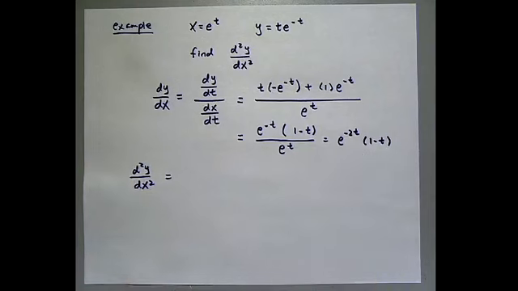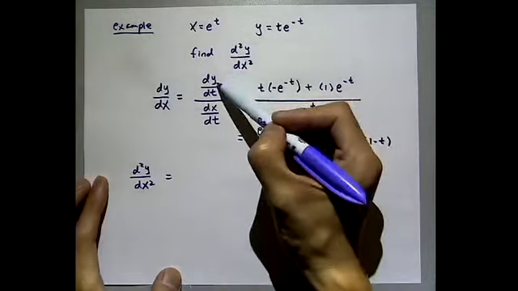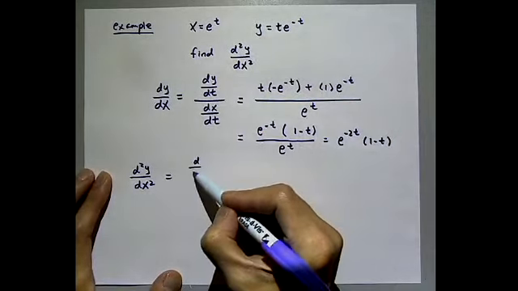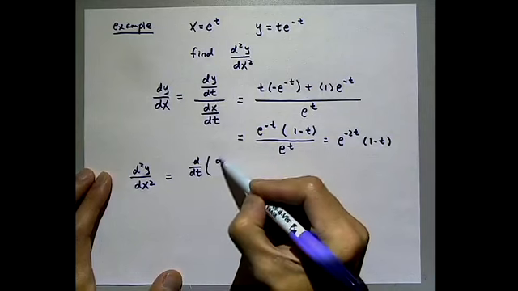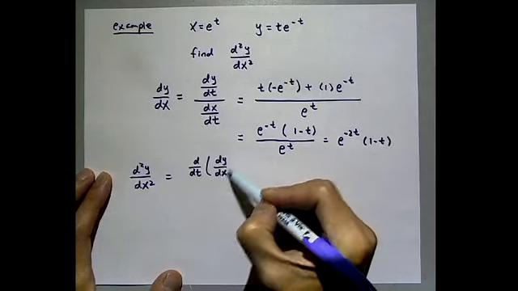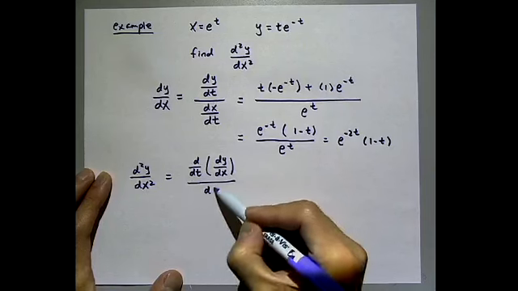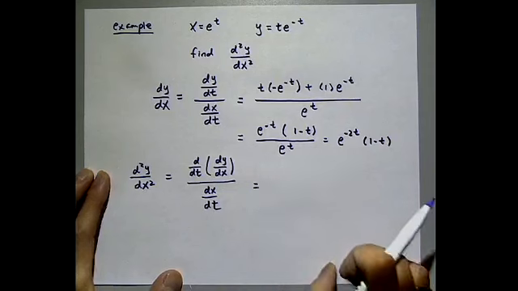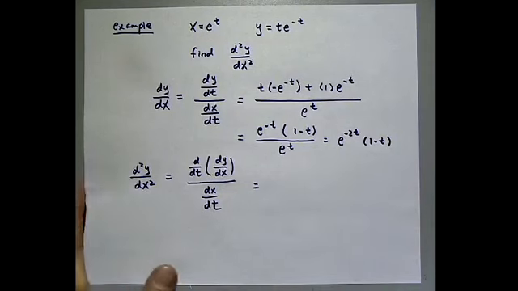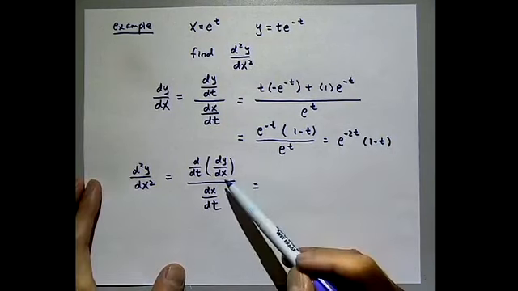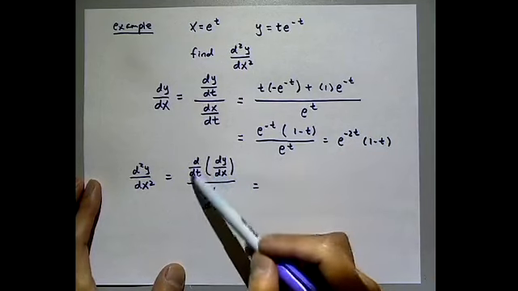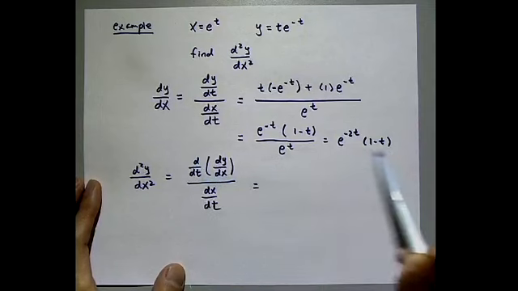Now the second derivative is the same formula. Remember, it's the same formula with this y turned into dy dx. Numerator is the derivative of the first derivative with respect to t, so a derivative of that.